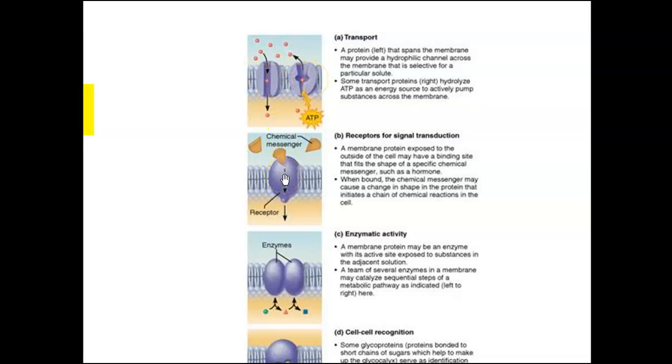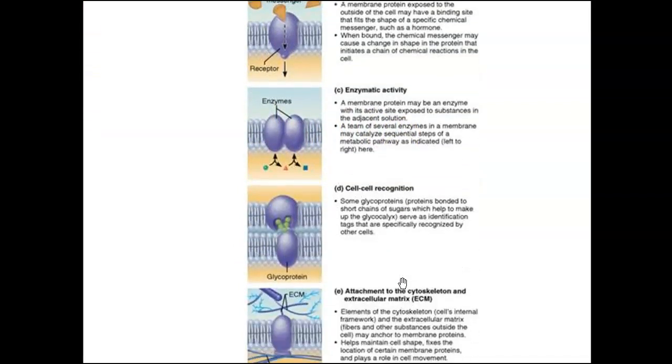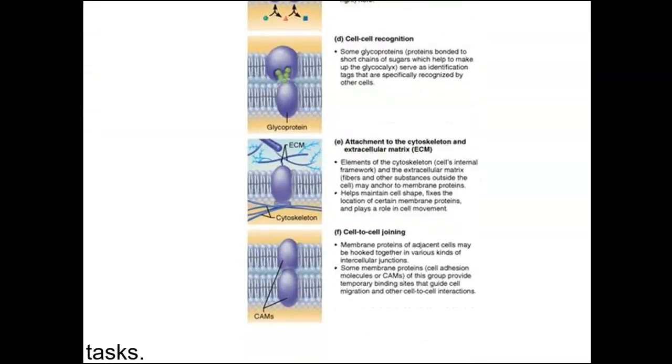Then we have proteins in the membrane that are receptors for hormones and other chemical messengers. So once that chemical messenger binds to that receptor, a change happens. Then we have enzymes, and those enzymes just catalyze specific chemical reactions across the plasma membrane.